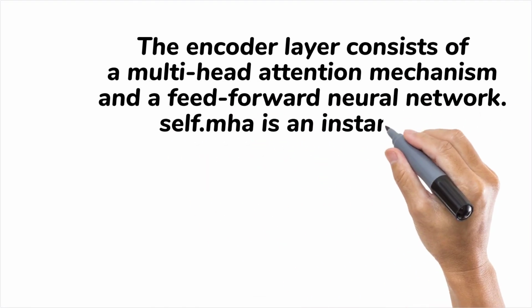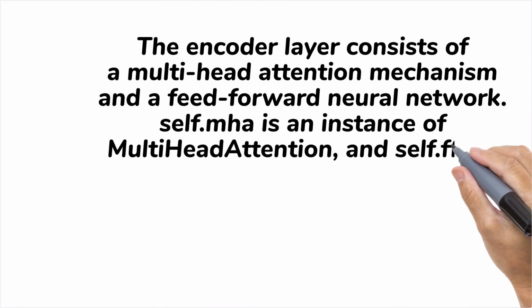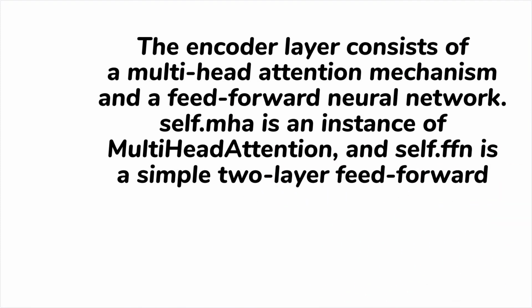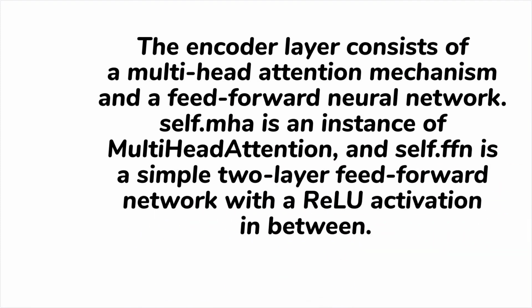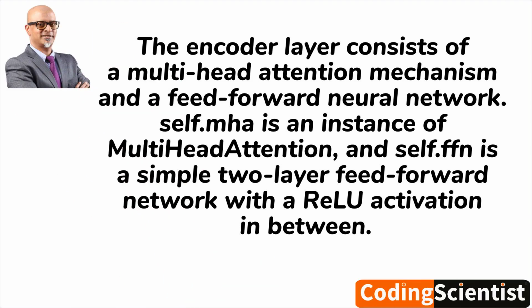The encoder layer consists of a multi-head attention mechanism and a feed-forward neural network. self.mha is an instance of multi-head attention, and self.ffn is a simple two-layer feed-forward network with a ReLU activation in between.